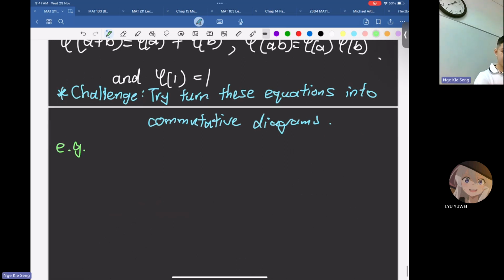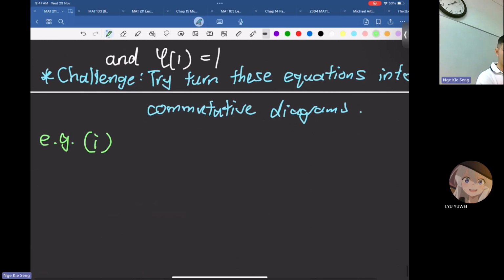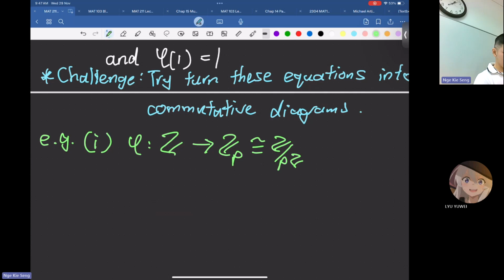So for an example, what kind of ring morphism do I have? I can define a ring homomorphism from Z to, for example, Z_p, where Z_p is Z mod pZ, or I define it as a field with order p. How do I define this map?